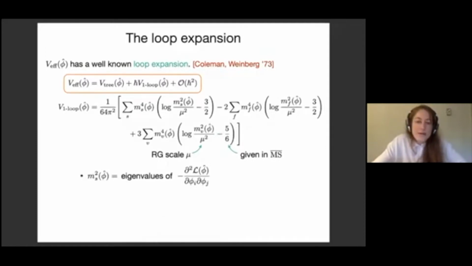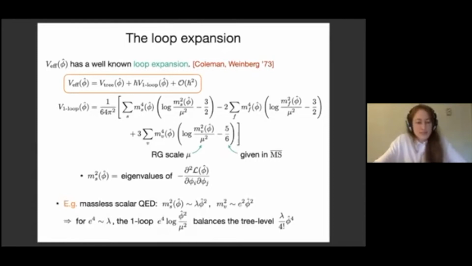The other thing I'll point out is that here the renormalization group scale at which I'm defining the theory appears in the logs, in the log m squared over mu squared pieces. This is a fixed one loop order formula, and so the RG scale appears here.